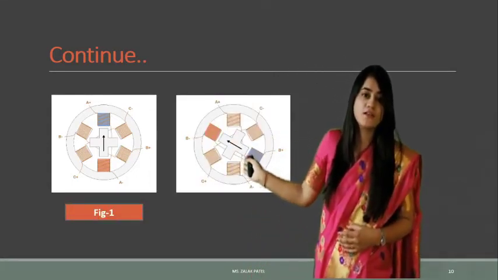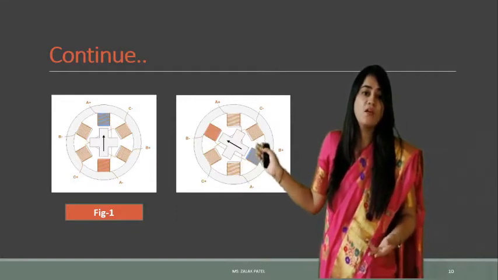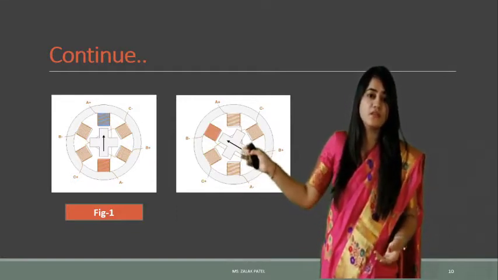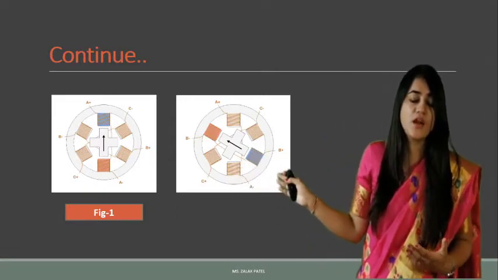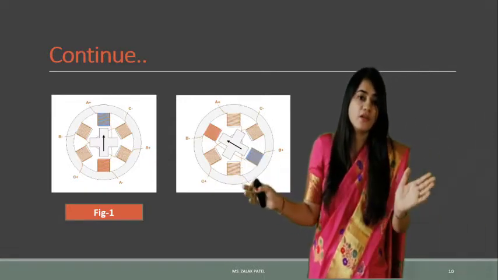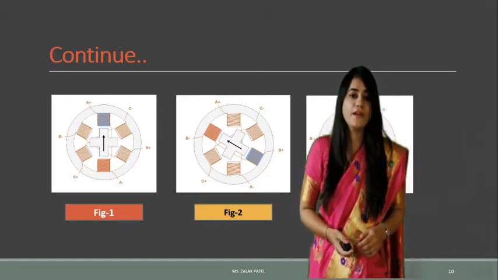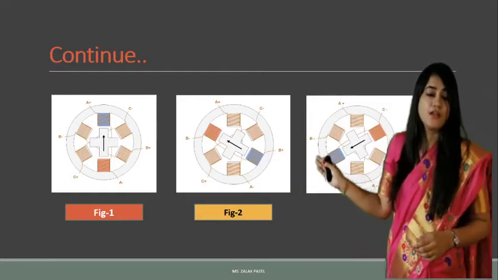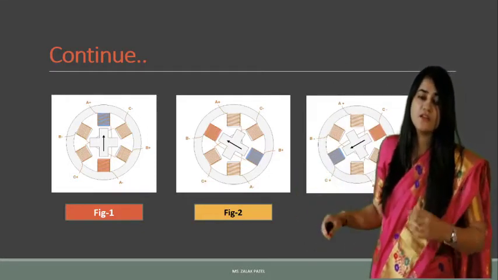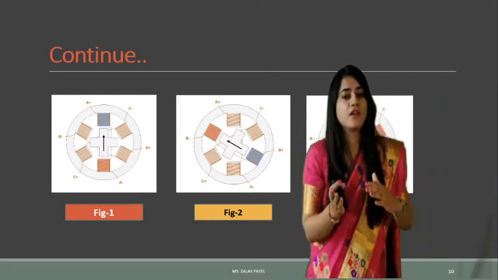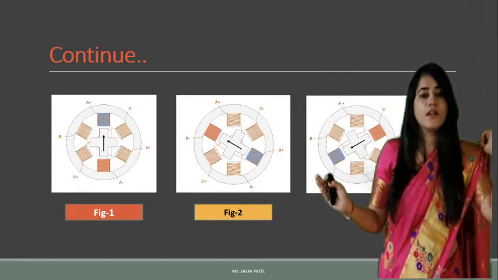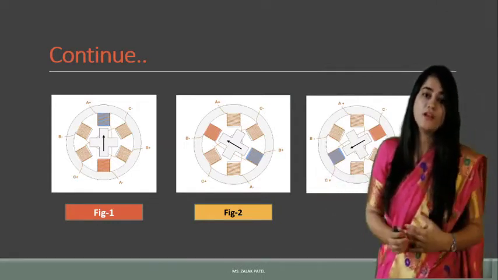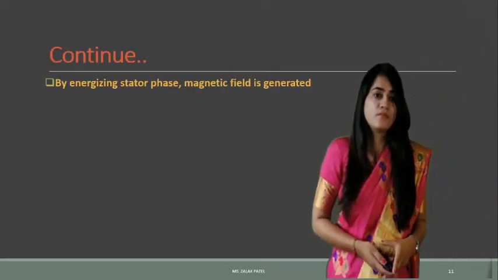Here it has some 60 degree movement. The position of the arrow can easily be seen moving to some angular position. In this last figure, the angular position is completely changed and the arrow has moved another 60 degrees.